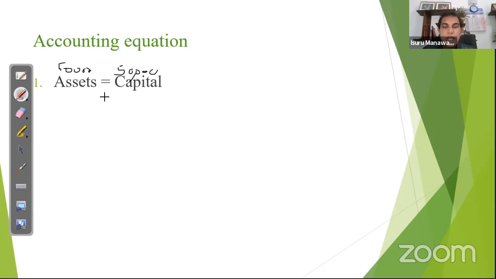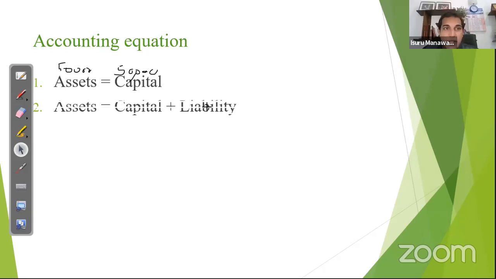Then you can understand, we have to add another item. After discussing this part, I will give the correct name for these items. What is the other item or name? Asset equals capital plus liability.